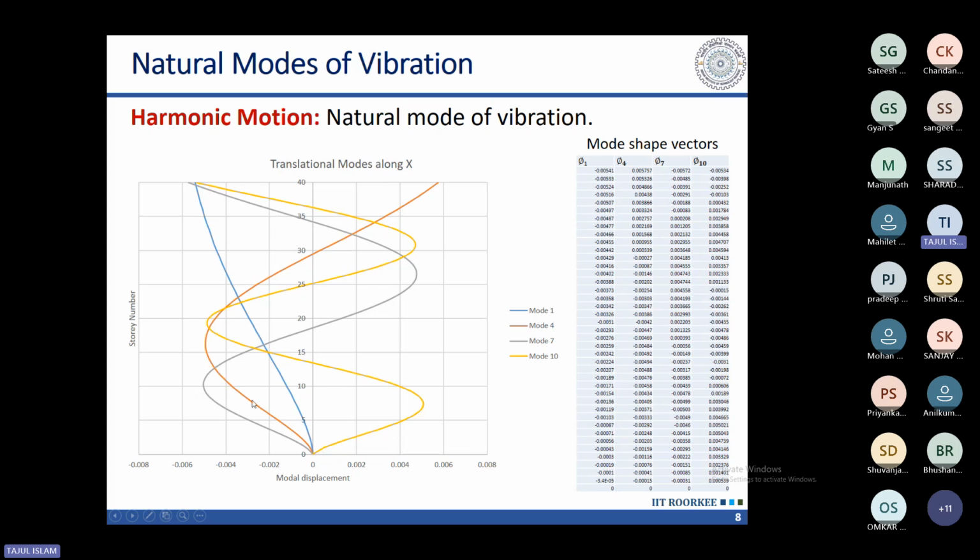And this you can see in the orange line. So its intersection with the vertical axis is happening one time. And the third translational mode, which is the 7th mode in my model, may not be in your model, you can see with the gray line here.